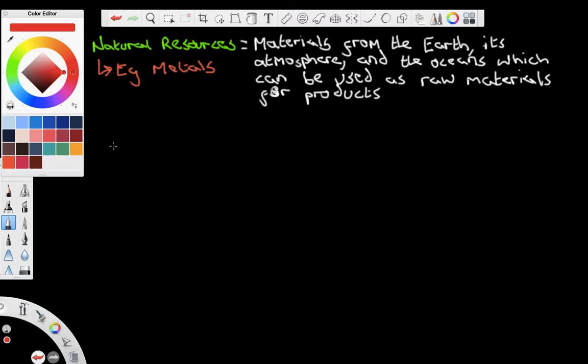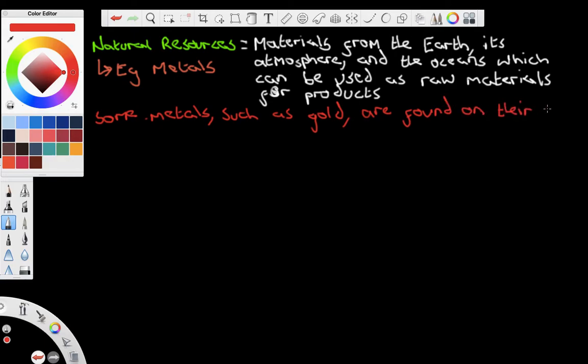Okay? So we can say, and I'm going to put in red, it's important, some metals such as gold are found on their own in the earth, ready to be used.